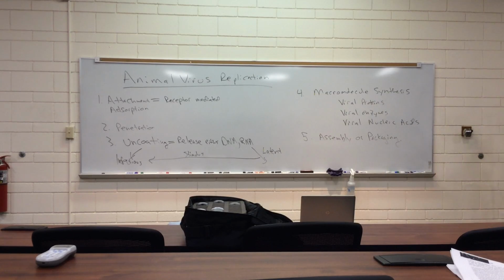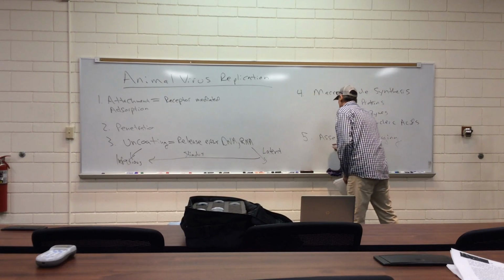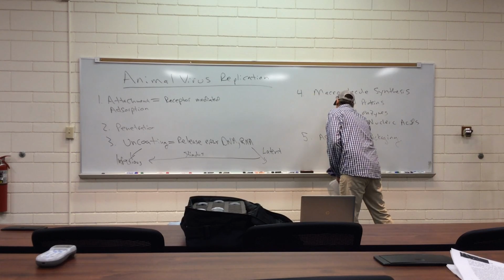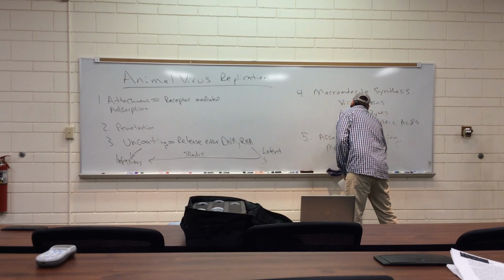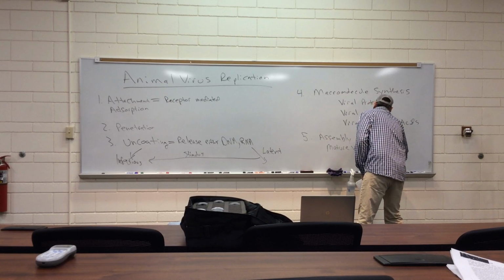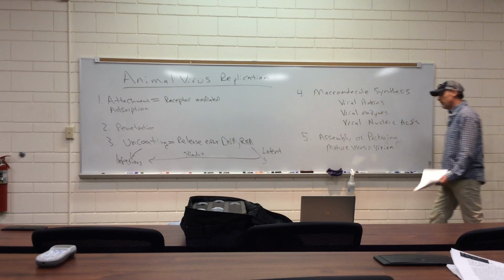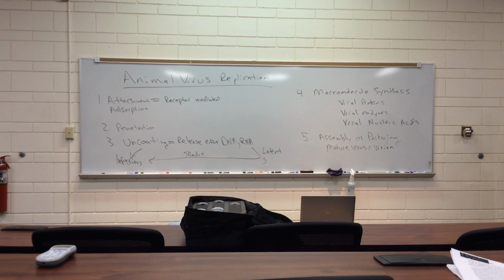So we have assembly or packaging of the entire thing together, and it's at this point that we can say we have a mature virus. Usually when it's inside the cell, we call it a virion, but we can call it whatever we want.